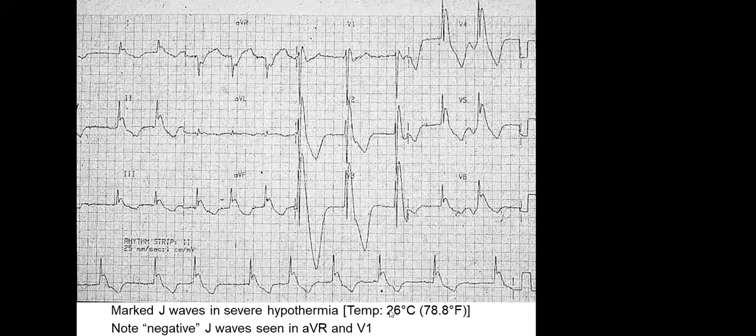In this patient, temperature is 26 and a prominent J wave after T wave inversion is seen. Some people might get confused in the initial phase with an RS, R-dash pattern. Here I would like to say, compare the width and morphology of the J wave with the R wave; there is a significant difference in peaking.